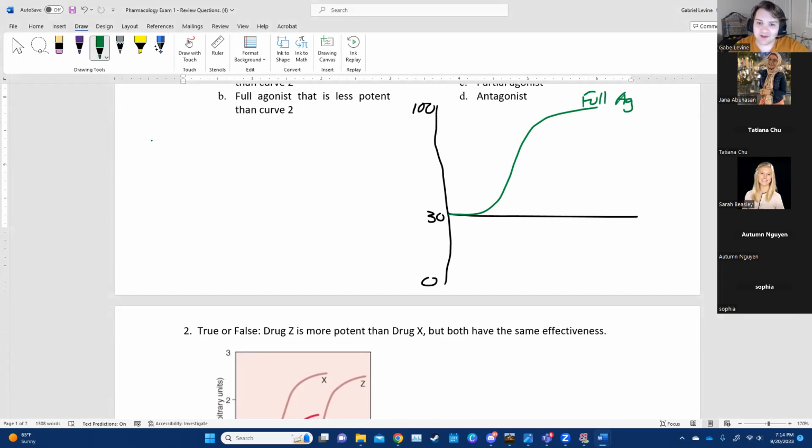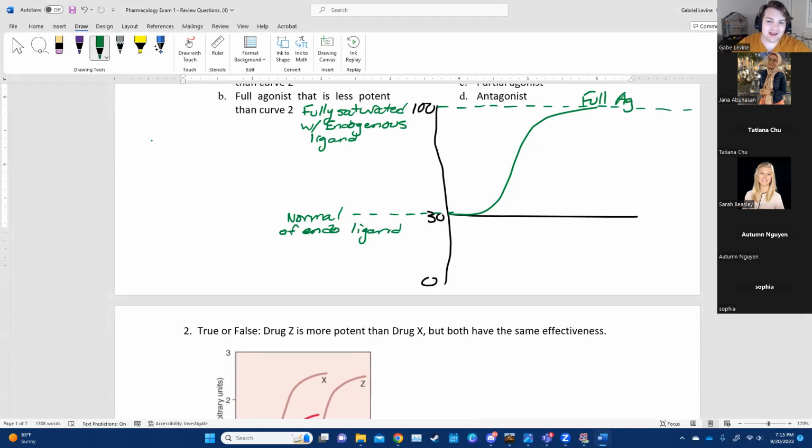The other thing to understand is that at this level, this is considered fully saturated with endogenous ligand. So remember, at 30%, we have the normal amount of endogenous ligand.